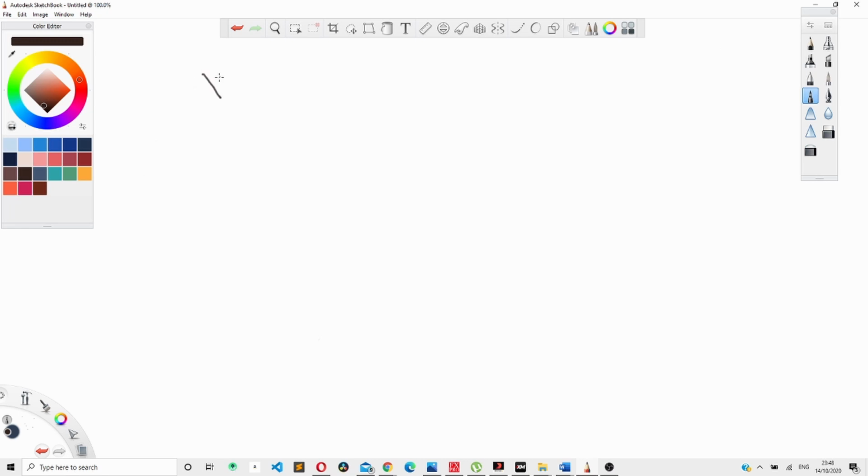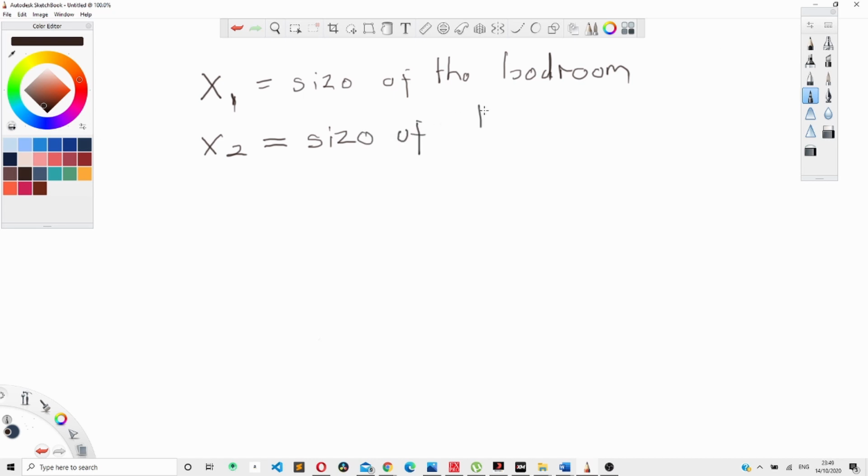In this case, x1 is going to be the size of the bedroom, and then let's say x2 is going to be the size of the house.